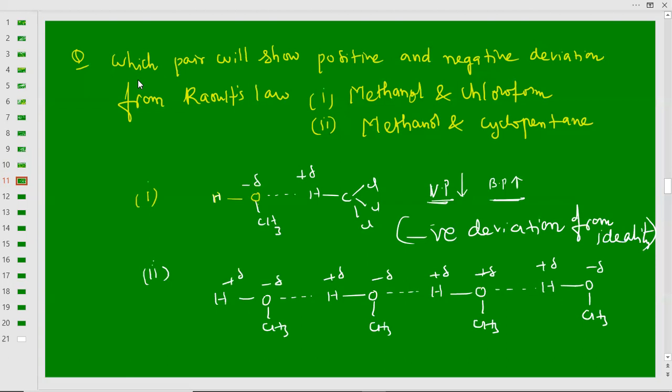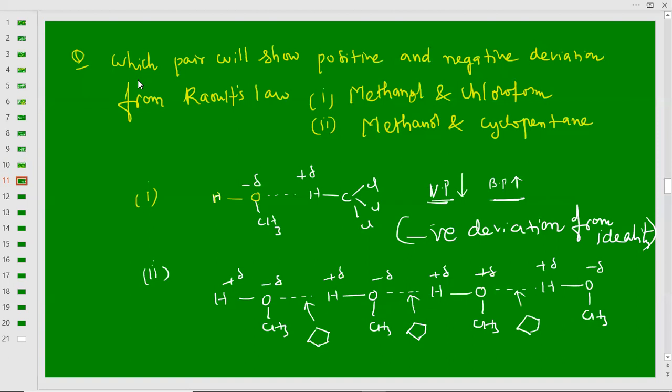The cyclopentane is going to break the hydrogen bonds between the molecules.